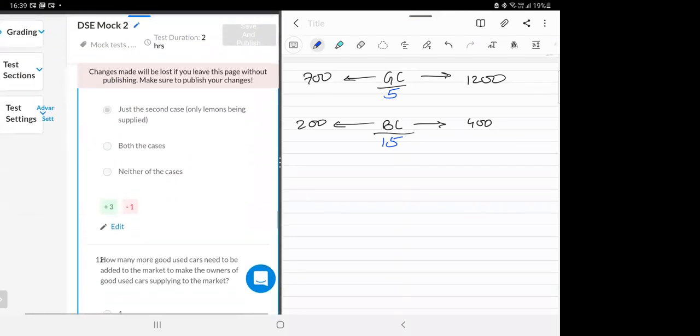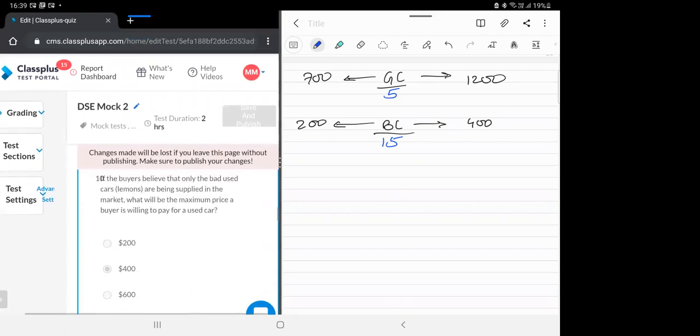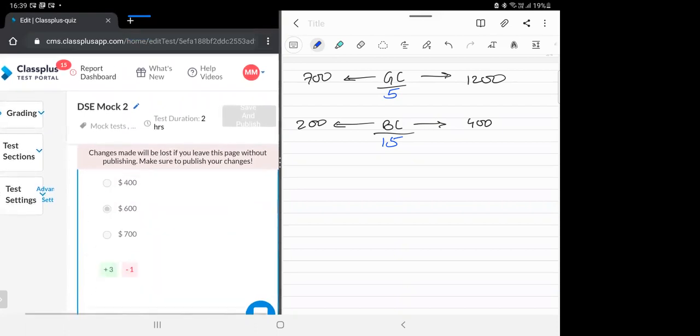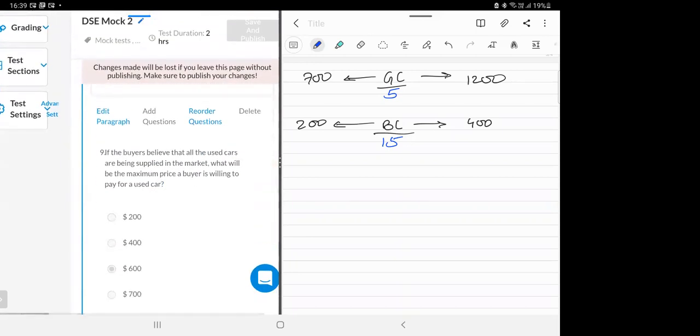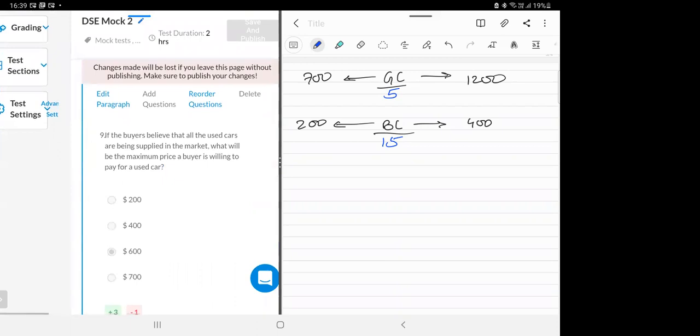So what happens is that right now, customers cannot differentiate between a good car and a bad car. If all the cars were to enter the market, then my probability of getting a good car will be 5 by 20, which is 1 by 4, and my probability of getting a bad car will be the remaining probability, 3 by 4.